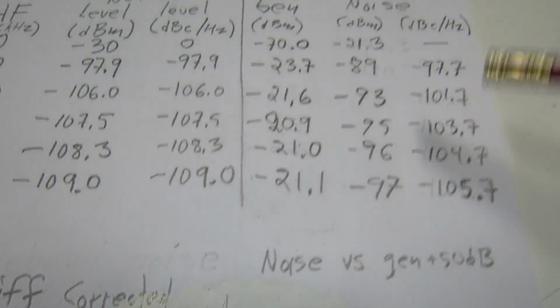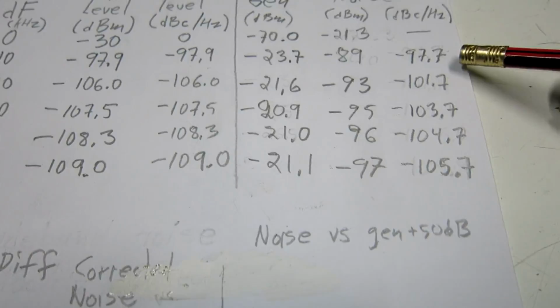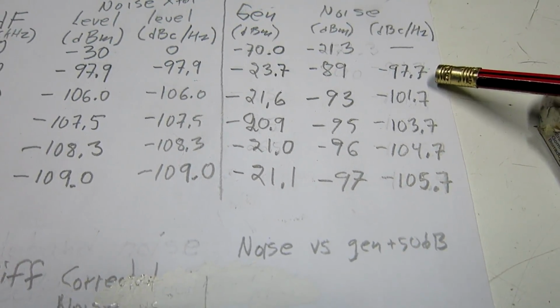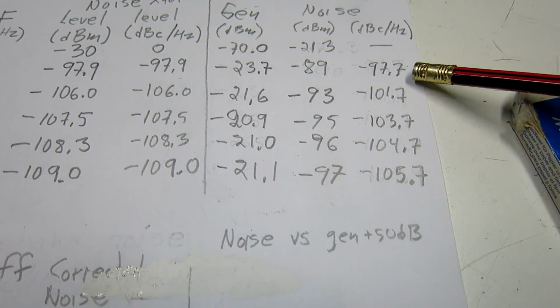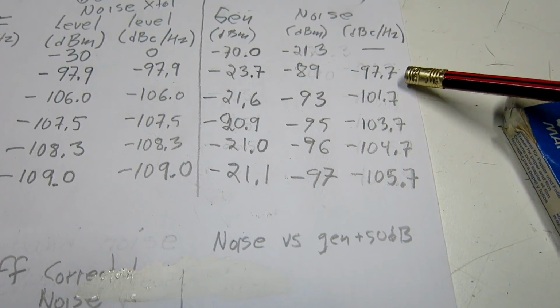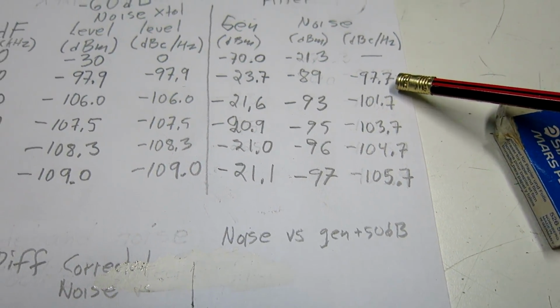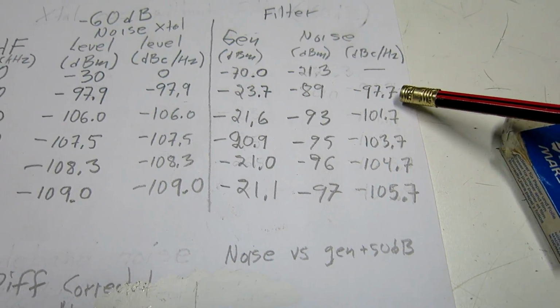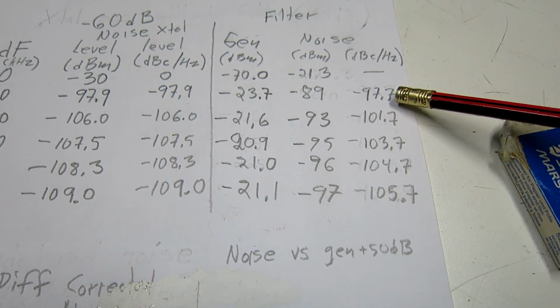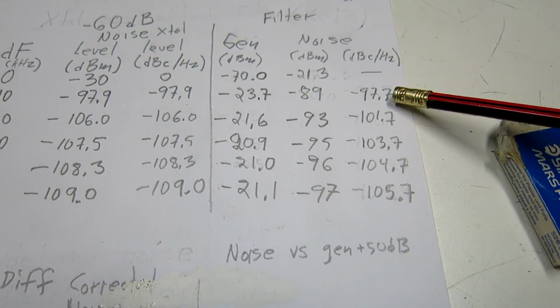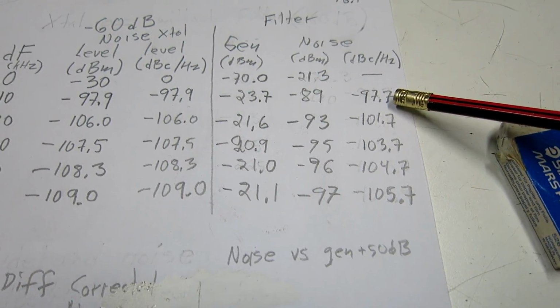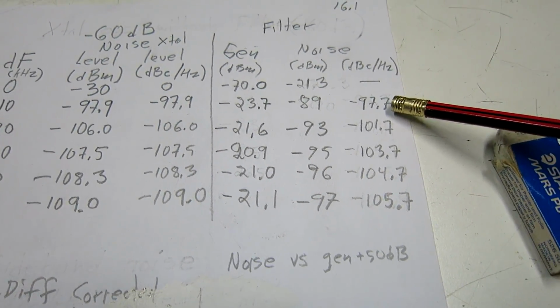So this means that the contribution from the noise from the local oscillator in the Anglian must be well below these 97.7.